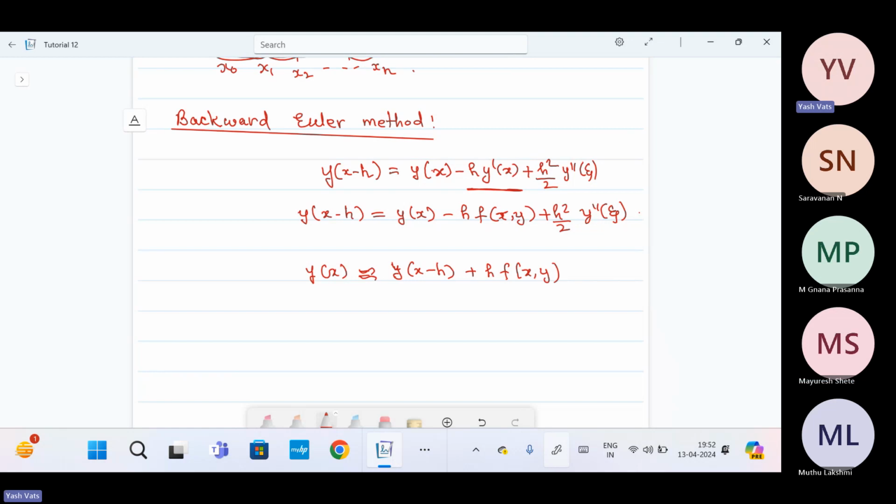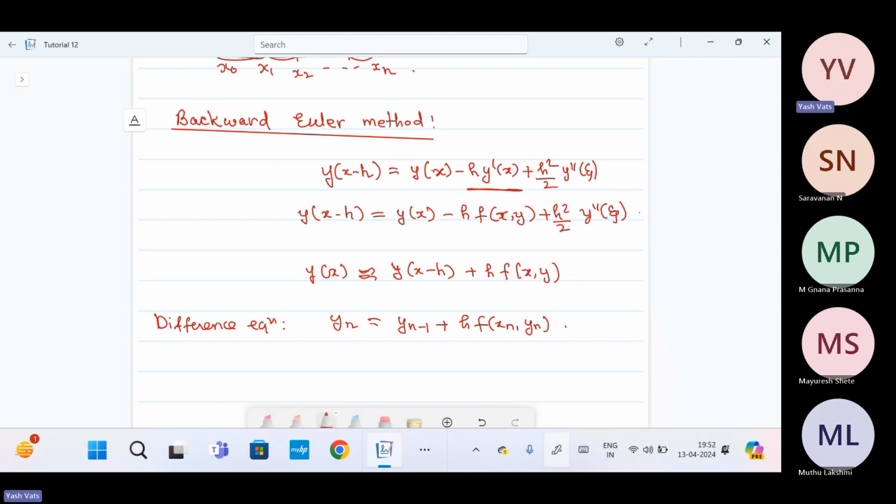So ultimately you end up with this: the difference equation in this case is yn equals yn minus 1 plus h f(xn, yn). This is the difference equation.